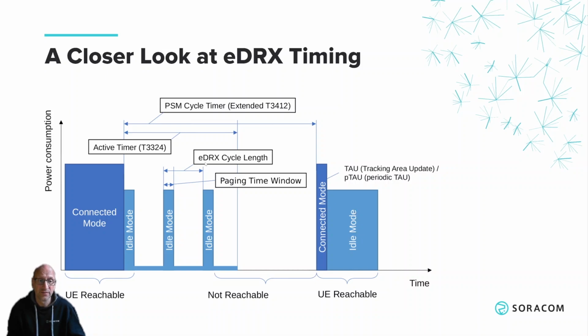So the deactivation cycle length is the eDRX cycle length, and within the so-called paging time window, the receiver part is enabled and is able to receive data. So we've got a non-reachable part when we activate eDRX, and a part where we are reachable, which is within that paging time window.